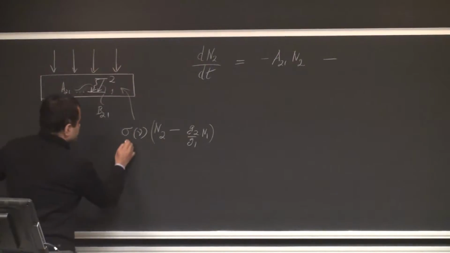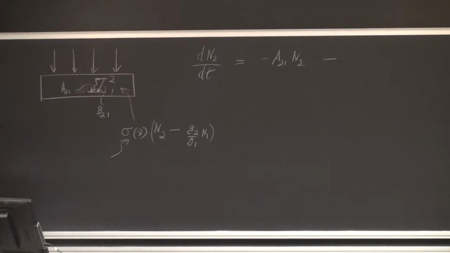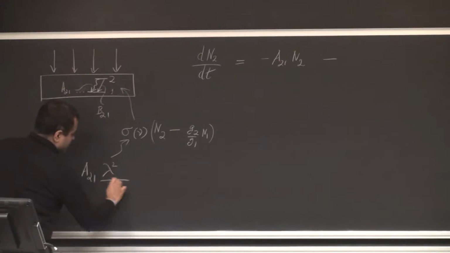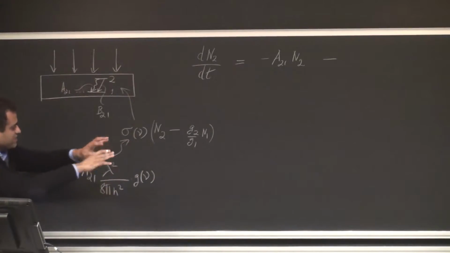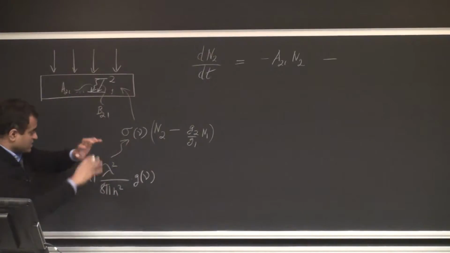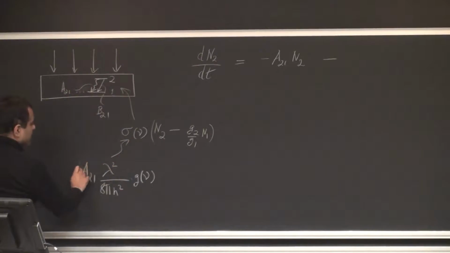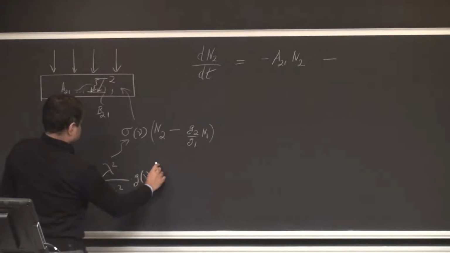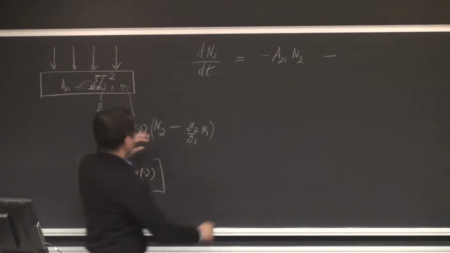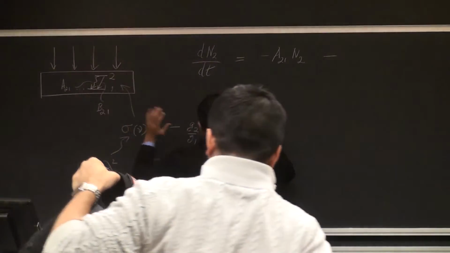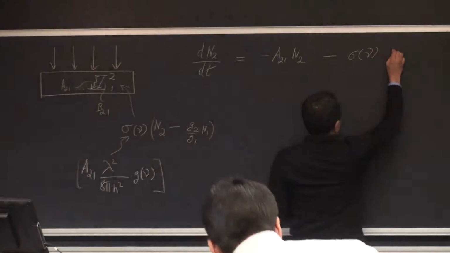You can call it the stimulated emission cross section, and that is related to A21. It's given by lambda squared over 8 pi n squared, and it includes the line shape g of nu, with nu being frequency. These are all frequency dependent, so it's a spectrum, and this is your line shape. Does that make sense? That's your whole picture. So that's your stimulated emission rate, and I just put that in there.